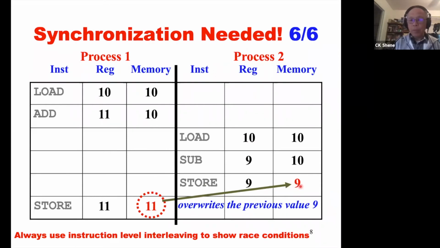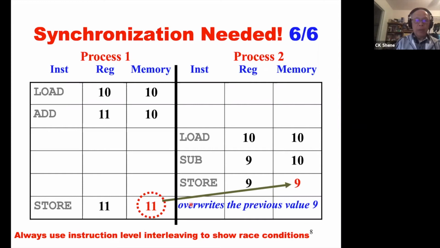So at this point, count in memory is 9. Now, if process 2 is switched out and control is given back to process 1 by the CPU scheduler, the scheduler reloads the context of process 1 back to the register. Therefore, when process 1 resumes, it takes the value 11 in the register and saves it to memory. So this 11 overwrites the value 9 saved by process 2.